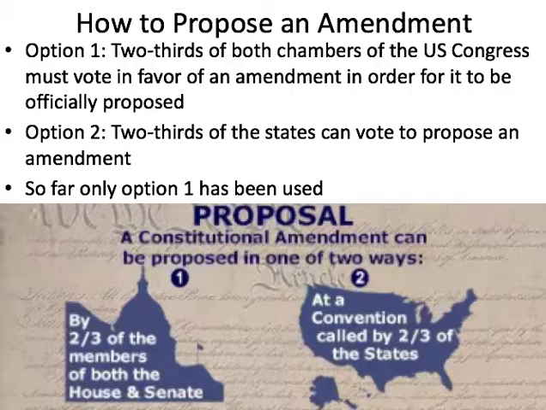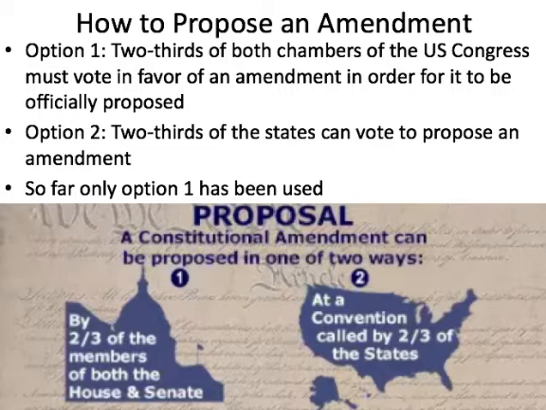2/3, 66% of the House and 66% of the Senate, is a very high margin to get passed. It is very difficult with our political party system to get 2/3 of the members of Congress to agree on anything, much less a change to the U.S. Constitution.